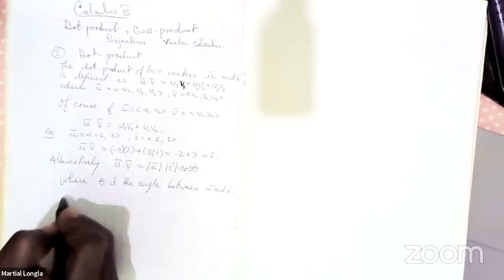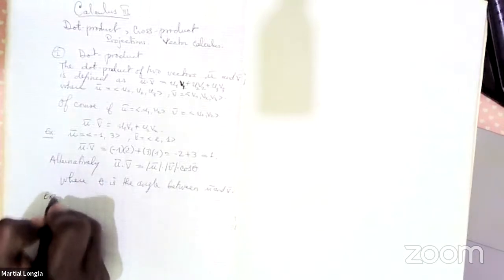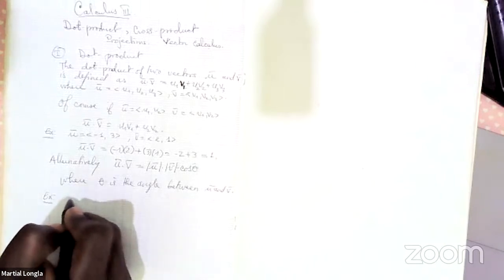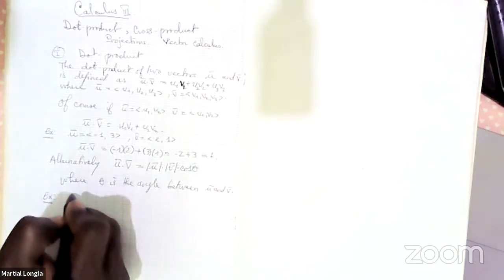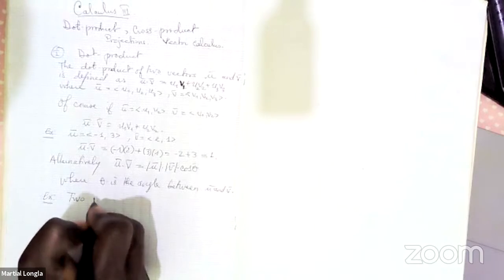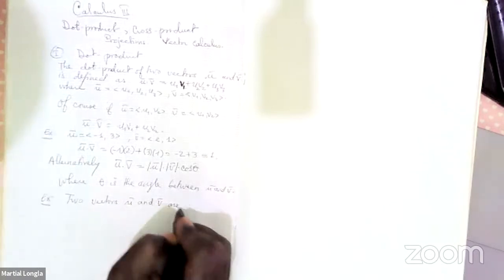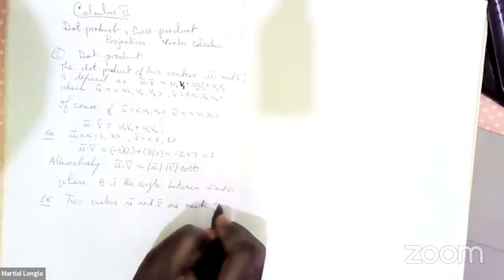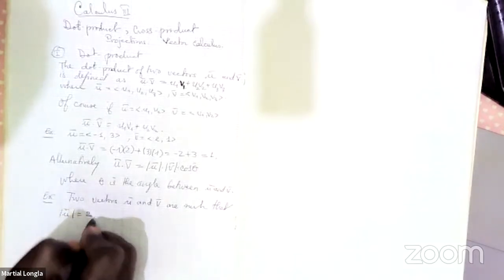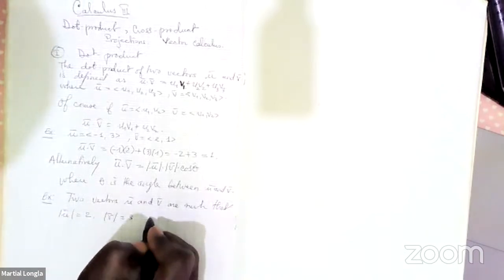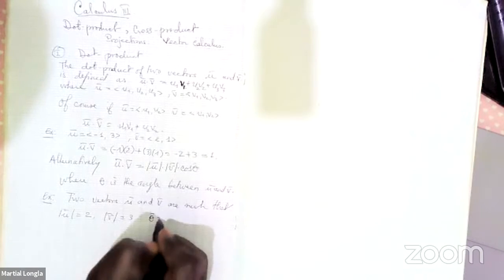Or let's say we have two vectors u and v such that magnitude of u equals 2, magnitude of v equals 3, and theta, let's say it's pi over 3.